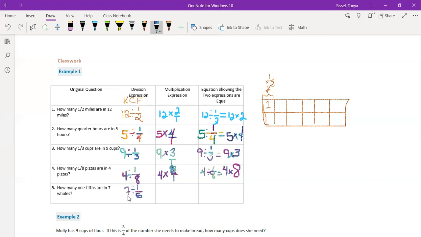Well, keep 7, change to times, flip, 5/1. That means 7 divided by 1/5 is the same thing as 7 times 5.